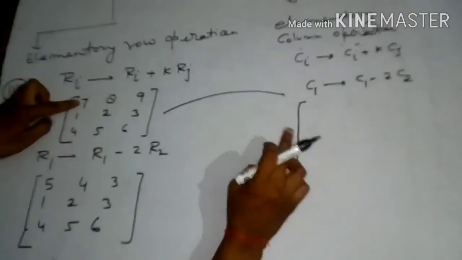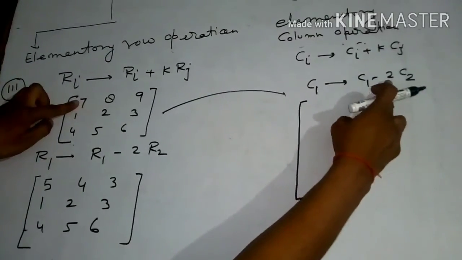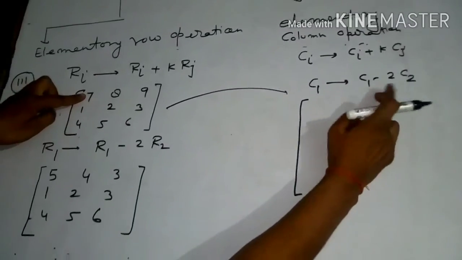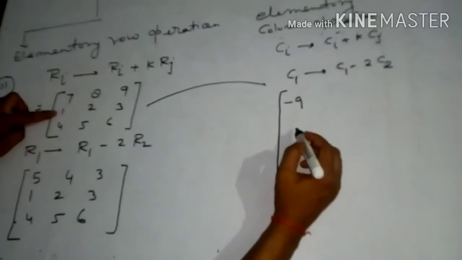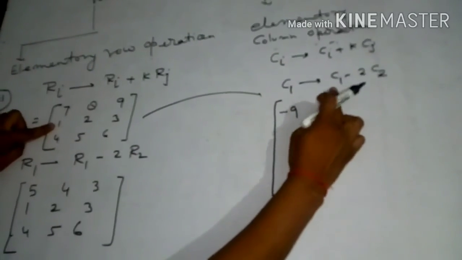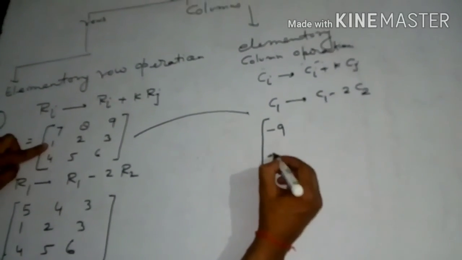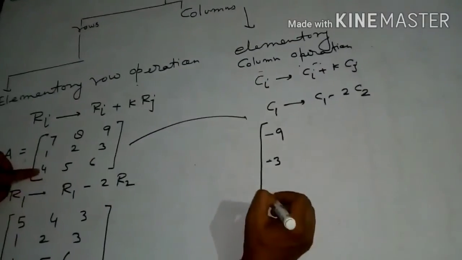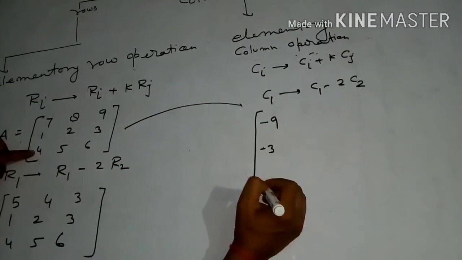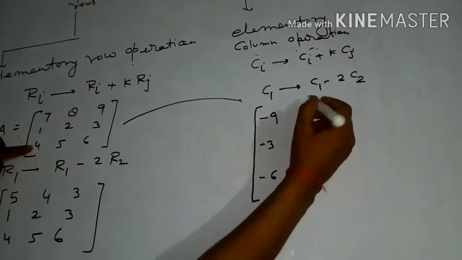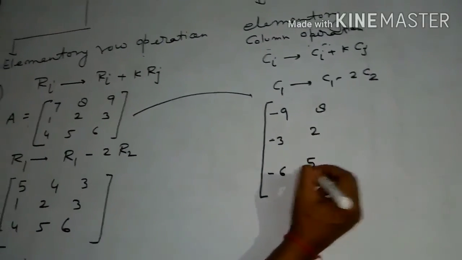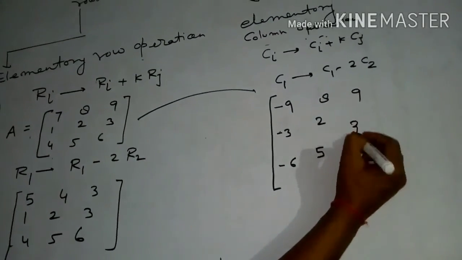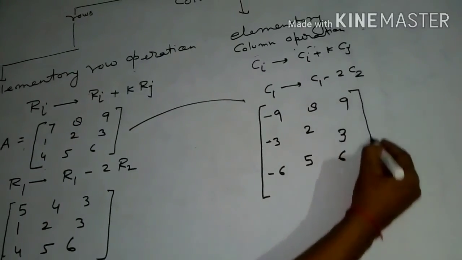C1 means 7 minus 2 into 8, meaning 7 minus 16, we get minus 9, and then 1 minus 4 gives minus 3, and here 4 minus 10 gives minus 6, and here 8, 2, 5, then 9, 3, 6.